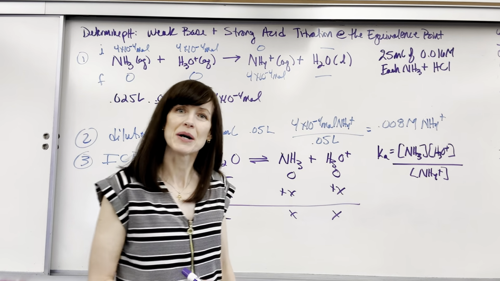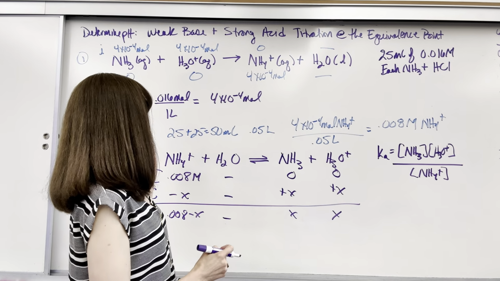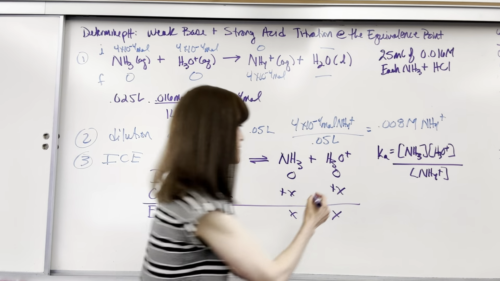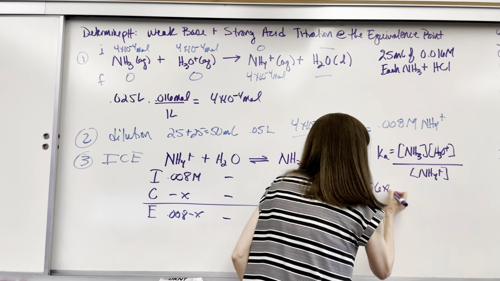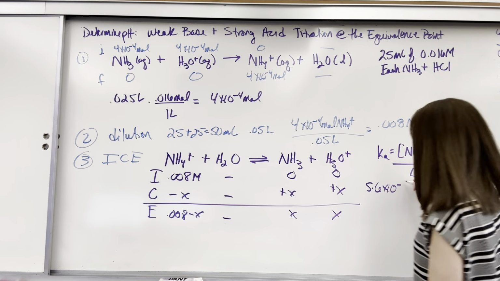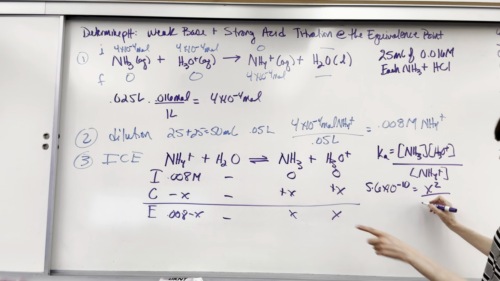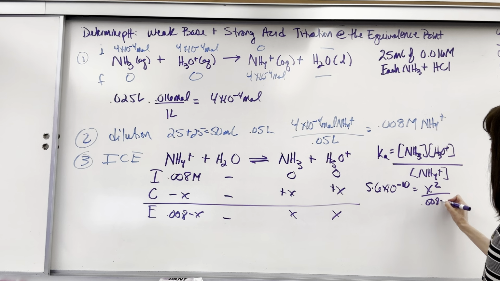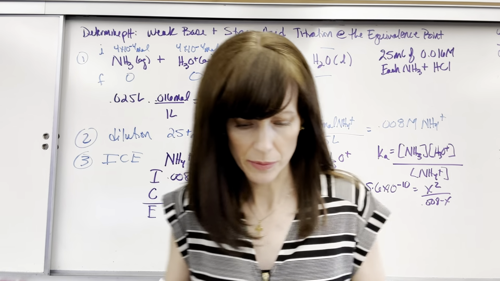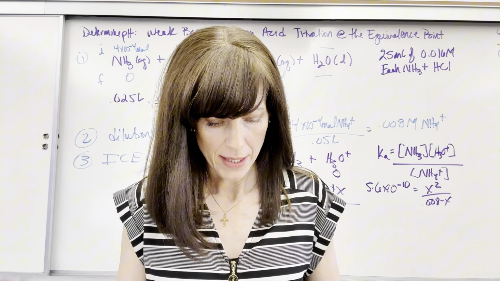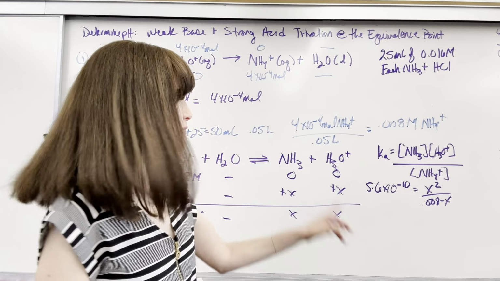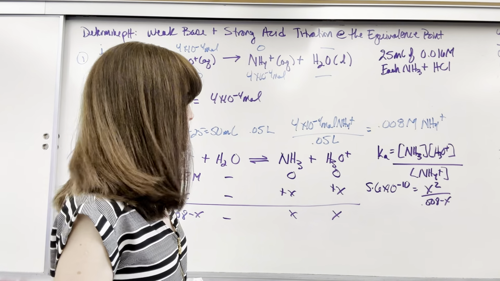Now you can look up the Ka for ammonium. It is 5.6 times 10 to the negative 10 equals X squared divided by 0.008 minus X. I wanted to make sure the 5.6 was correct.